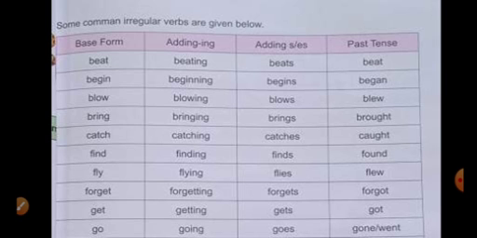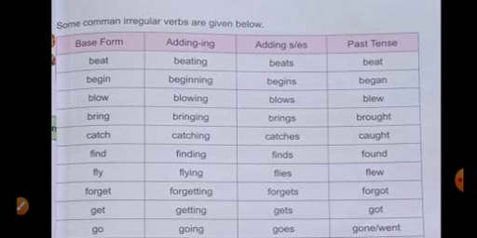See, here is a table in which some important verbs are given which will be used in your coming chapters. The first column is the base form, second is ing form, third is s or es form, and the fourth is past tense form.